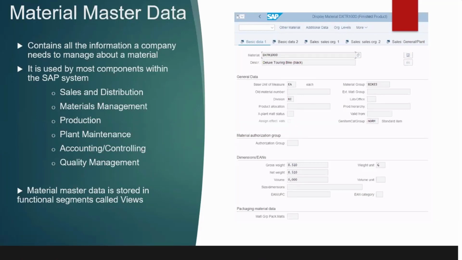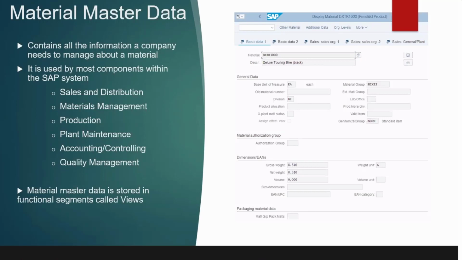We can use it also in accounting and controlling because every material that leaves the company or enters the company has a value for your company. And we can use it also in quality management because we need to check the quality of what enters and what should go outside our company.